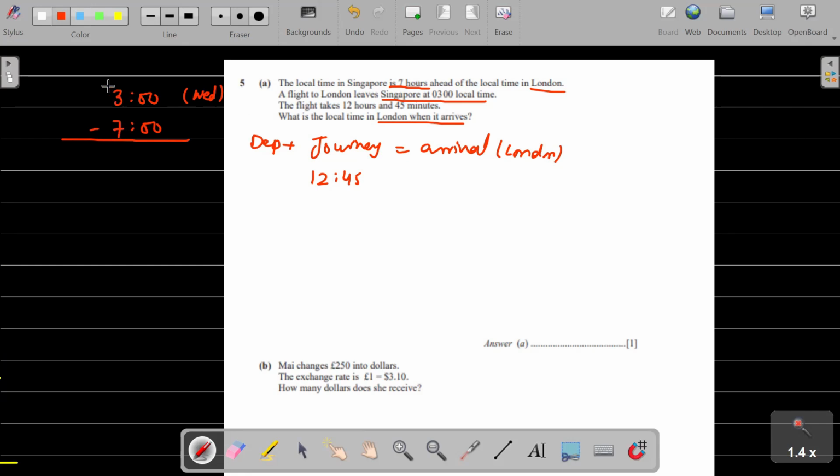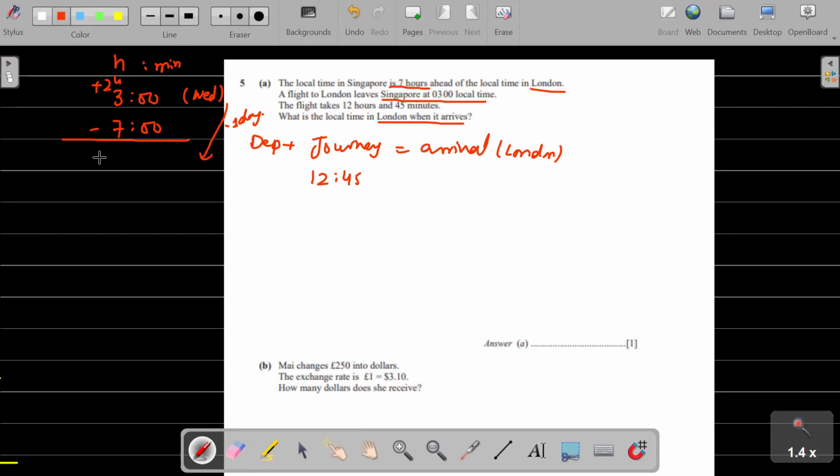I need to borrow a day. Okay, when I borrow a day, I will be adding 24 in the hour section. This is my hour section and this is my minute section. Then I need to subtract 1 day from the given day. That's why I have to borrow 24. Because I have borrowed 24 hours, I will be subtracting 1 day from the given day.